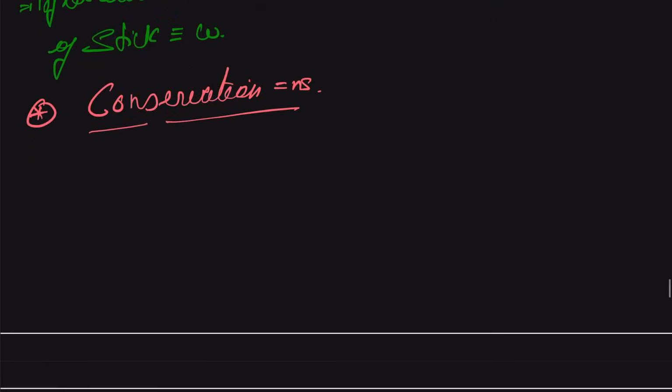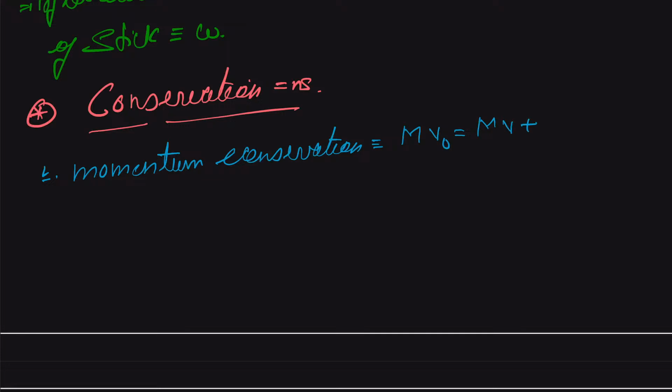First is linear momentum conservation, or in simpler terms, momentum conservation. Initially only the ball is moving, so this is the initial momentum, and the final momentum is of the ball and the center of mass of our rod.